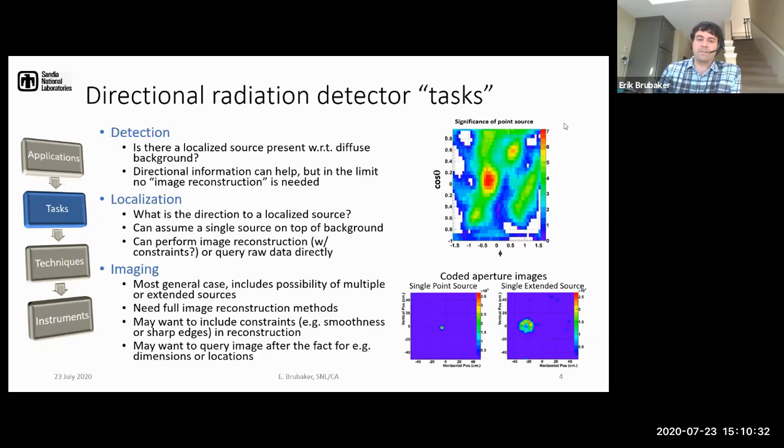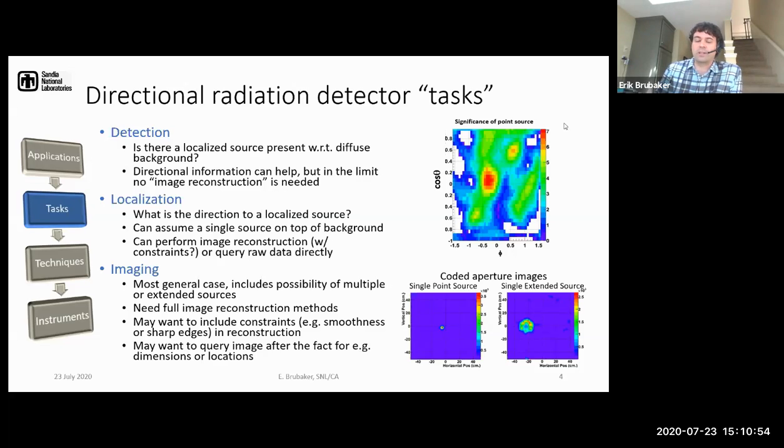So the first of these potential tasks is, again, detection. This goes back to the previous slide, where a couple of those scenarios were specifically focused on the question of whether there is or isn't a localized source present in an environment with respect to radiation background, which is always present at some level.